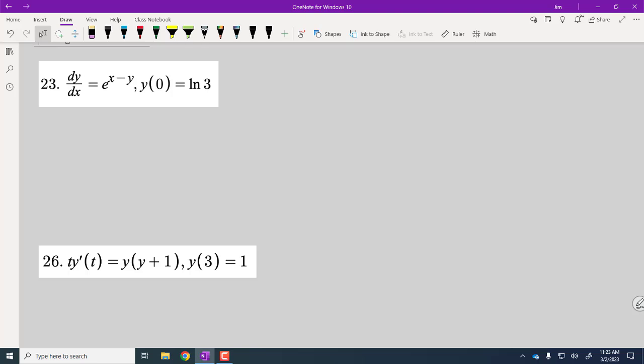Subtracting y, so that's going to be e dx over e dy. So that's, yeah, multiply. Yep, that's right. So where's your dy? Oh, you've already integrated. So the integral of this side is just e to the y, because that dy is the difference. And the integral of this side is just e to the x.